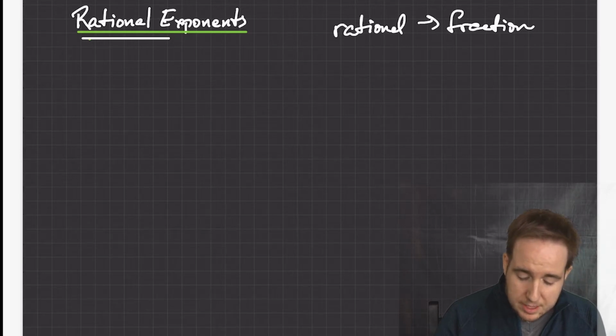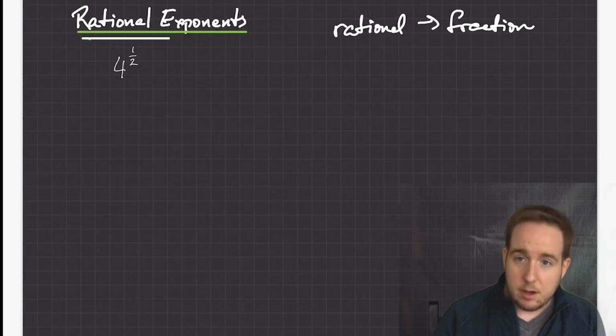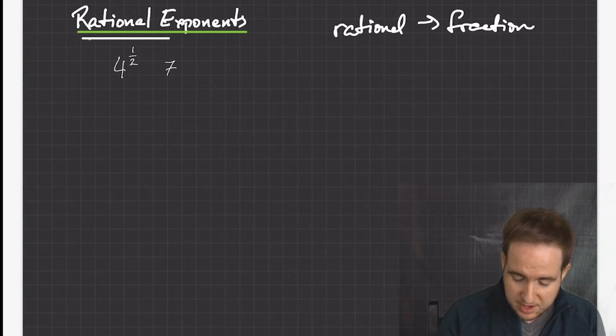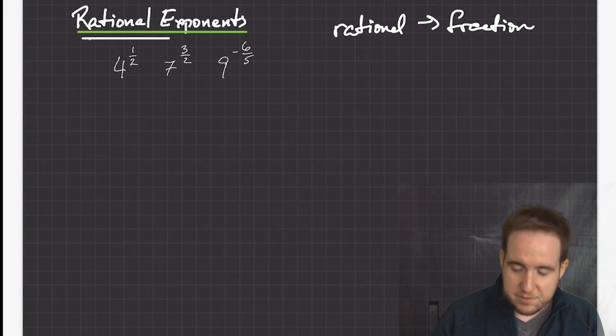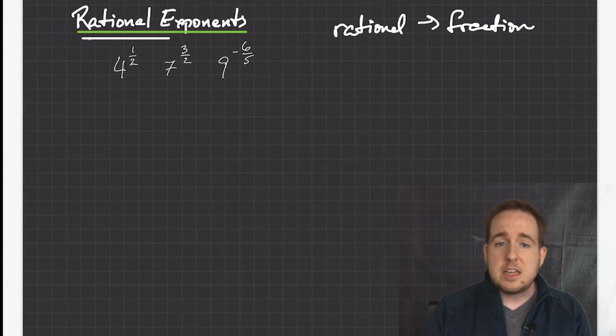That means something like, what is 4 to the power of 1/2? What is 7 to the power of 3/2? What is 9 to the power of -6/5? And do those things mean anything?